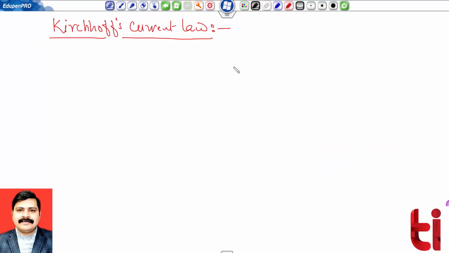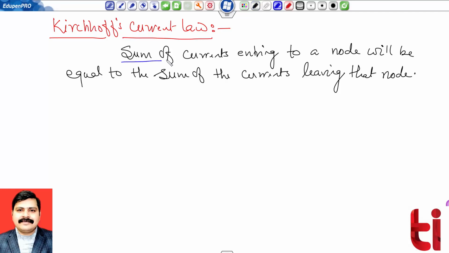According to Kirchhoff's current law, the algebraic summation of currents meeting at a particular node is 0. Or we can define it this way: the summation of all incoming currents to a particular node will be equal to the summation of all outgoing currents from that particular node. Okay, the sum of current entering a node will be equal to the sum of current leaving that node.